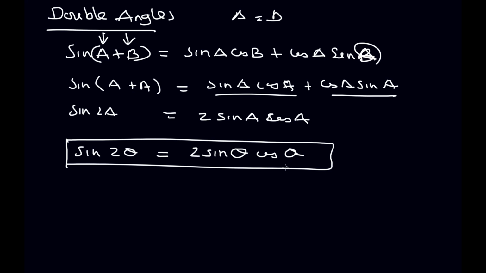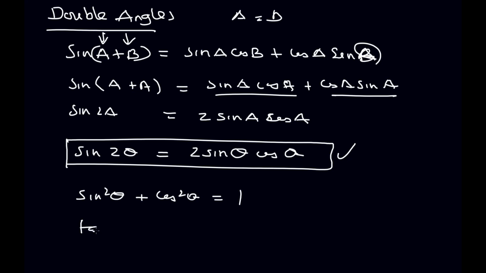We have to know this one by heart. So sine 2 theta is equal to 2 sine theta cos theta. I would say that this comes right after sine squared theta plus cos squared theta is equal to 1 in terms of importance.